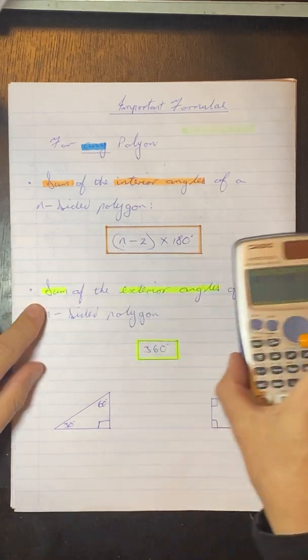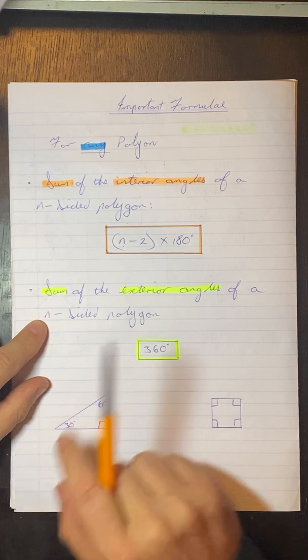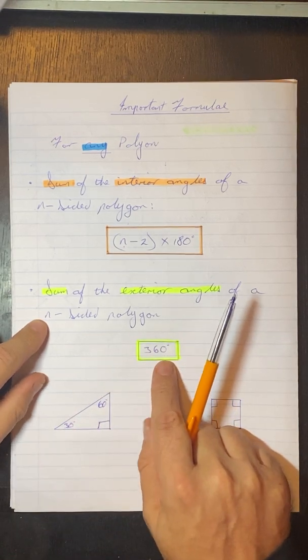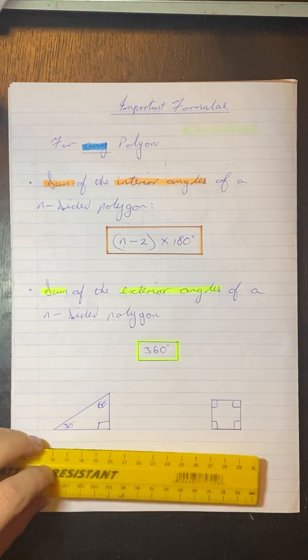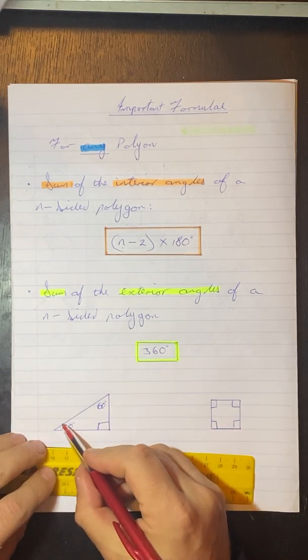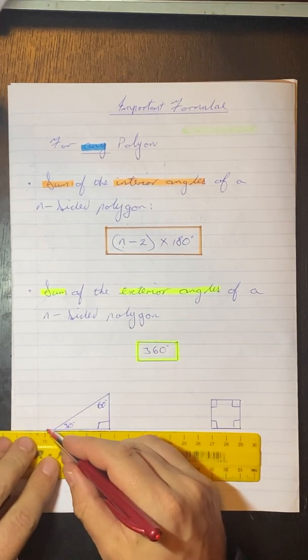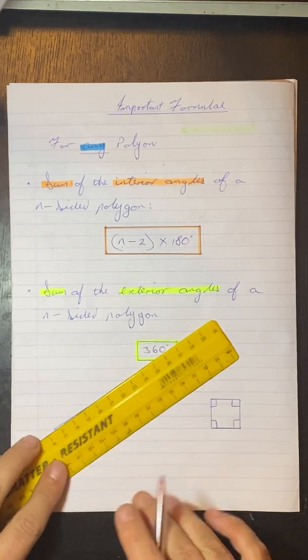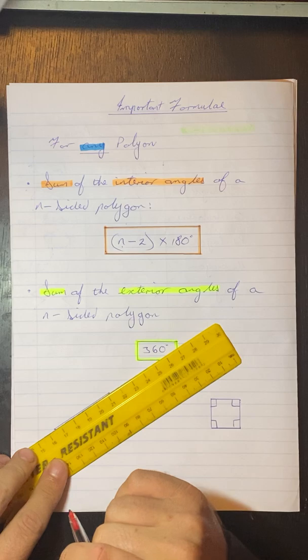Okay, now the next one: the sum of the exterior angles of an n-sided polygon is 360. This is where you guys get a little bit confused with the exterior angles. So what I've done here is put two little examples, just to show you. Now an exterior angle, if I look at this 30 degrees over here, I can draw my exterior angle going in that direction, or I can draw it going in that direction. It doesn't make a difference. We will get the same thing.